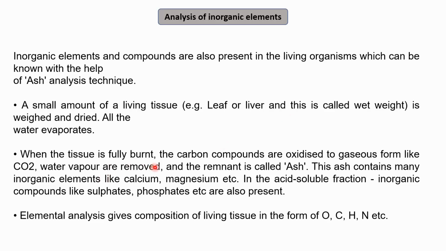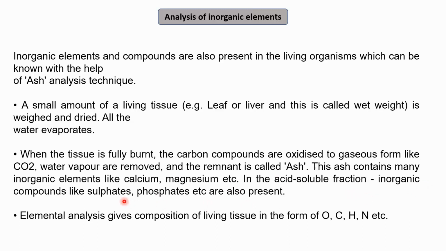Now when the tissue is fully burnt, the carbon compounds are oxidized to form gases like CO2. Water vapor is removed and the remnant is called the ash. This ash contains many inorganic elements like calcium, magnesium, etc. In the acid soluble fraction, inorganic compounds like sulfates and phosphates are also present.